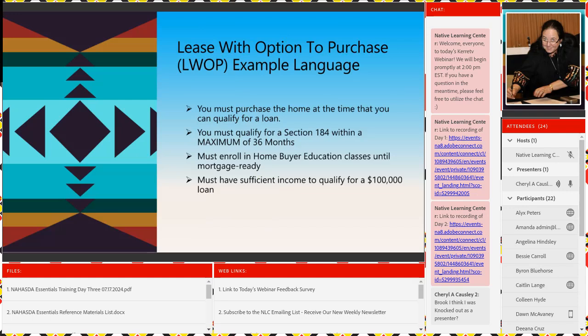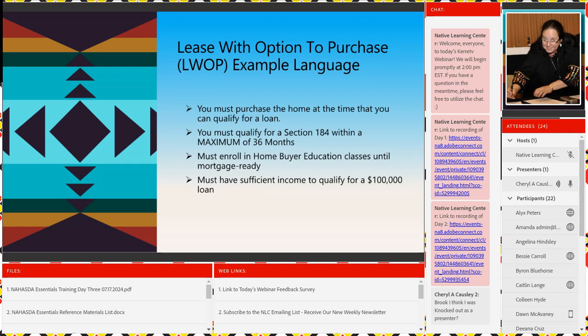So lease with option to purchase, example language. If you're going to start a program like that, you've got to purchase the home at the time that you qualify for the loan. You've got to qualify for a Section 184 or whatever financing you're using within a maximum of 36 months. Basically, they want you in and out of the program that quick. Have to enroll in a homebuyer education class until you're mortgage ready.